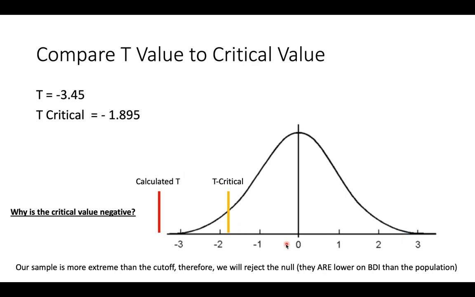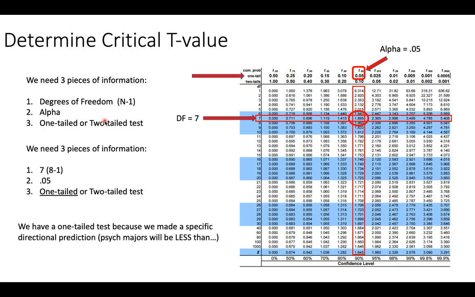The population average was like 24. So I'm substantially below the mean here. We just found our critical value of 1.895, but because we made a one-tailed negative hypothesis, we're going to put a negative sign in front of that because this table, just like our Z table, is symmetrical, whether you're above or below the mean.